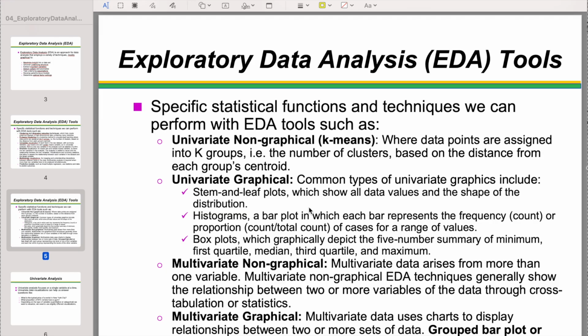Okay, so specific statistical functions and techniques can be performed with exploratory data analysis. The first one is the cluster, as we mentioned.